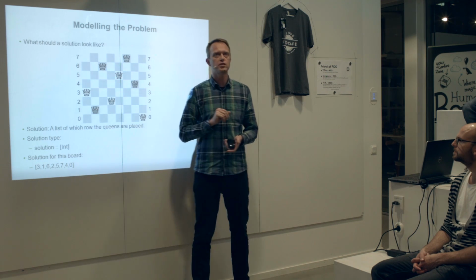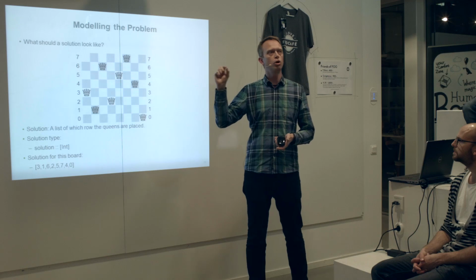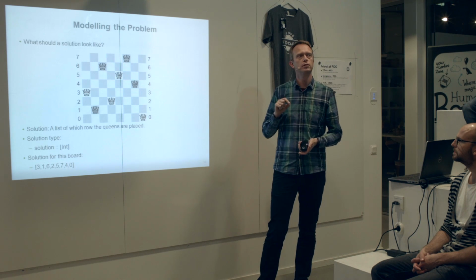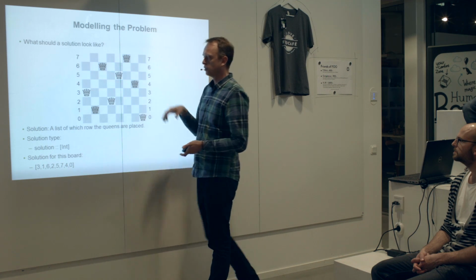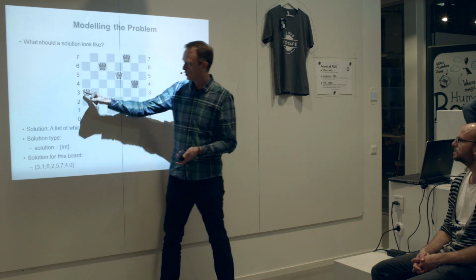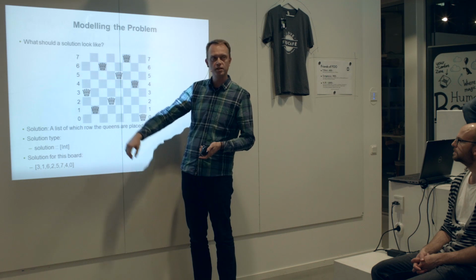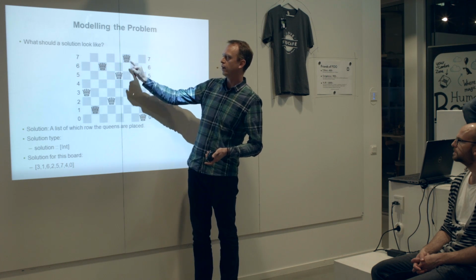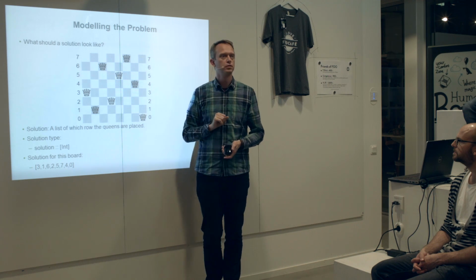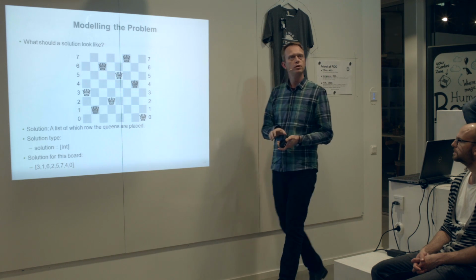So why don't I just have a solution represent which row a queen is in, for each column? So the solution here, which is actually a real solution, could look like this: 3, column 1, or 7, depending on where you count from, 1, 6, 2, 5, 7, 4, 0. That is the solution to the problem.